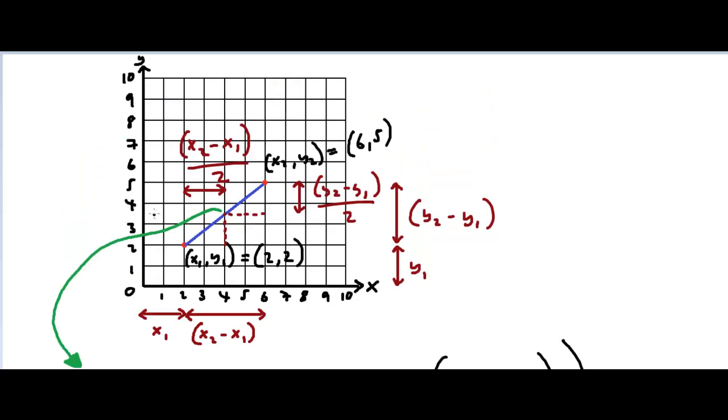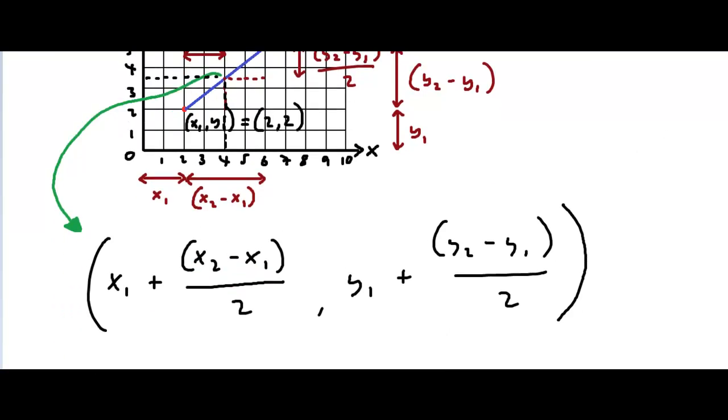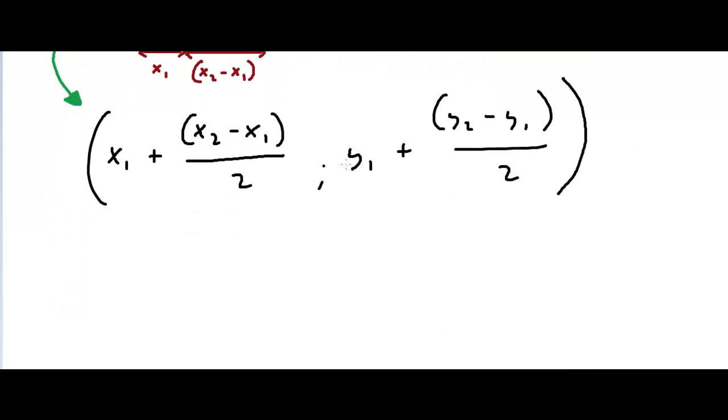Now we can see that this distance over here leading up to this point is x1 plus x2 minus x1 divided by 2. And we can see that this length going down here from the midpoint of this blue line to y equals 0 has the length y1 plus y2 minus y1 divided by 2. This is why we got these coordinates over here for the midpoint of the blue line.